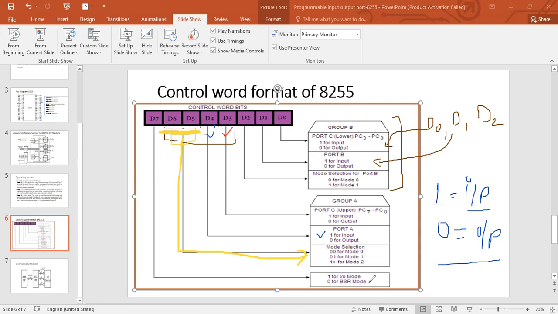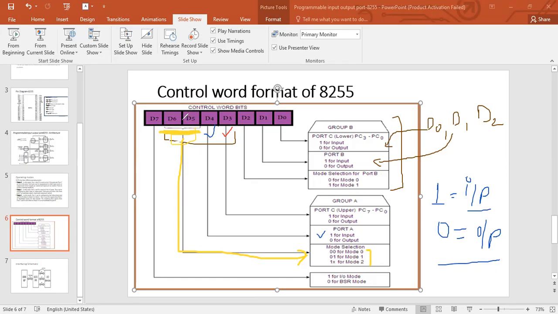These are 2 bits, so there are 3 possible modes: 00 is for mode 0, 01 is for mode 1, and 1x, where x is don't care, is for mode 2.